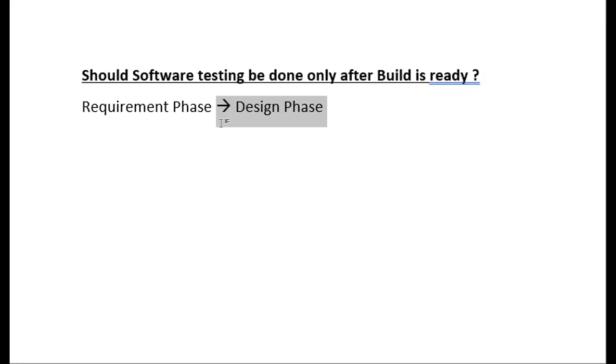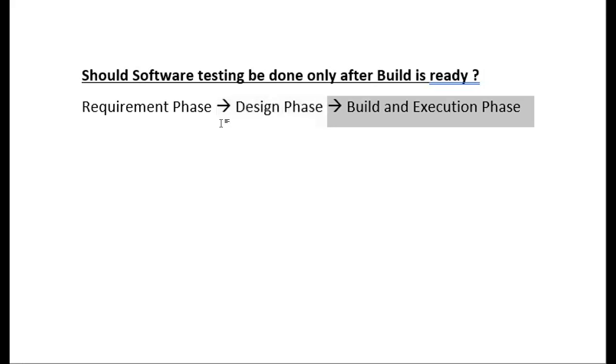After that, the build and execution phase comes into the picture, in which we execute unit tests and generate structural and functional data. Developers are doing their coding and their unit testing.